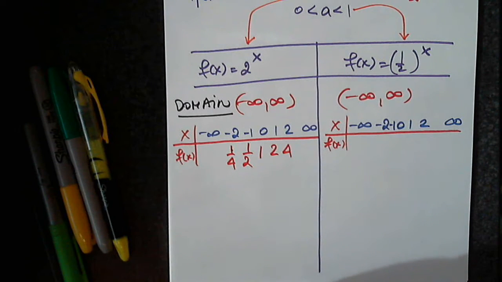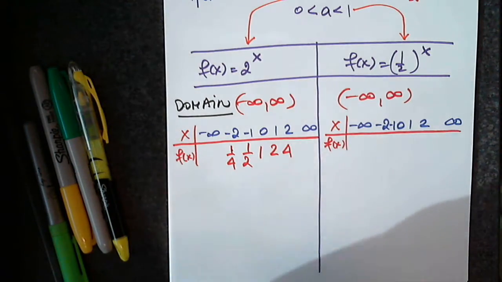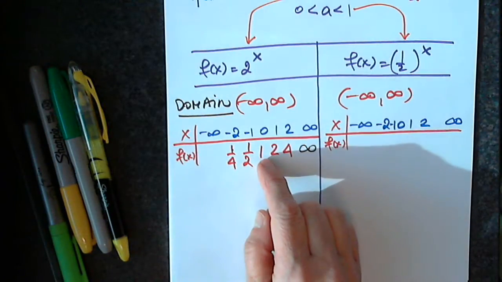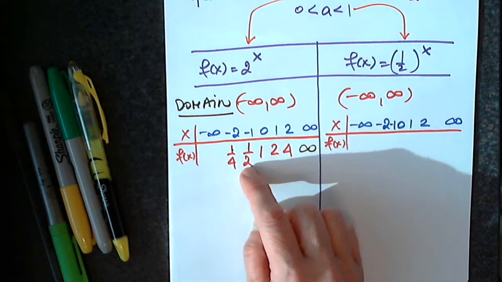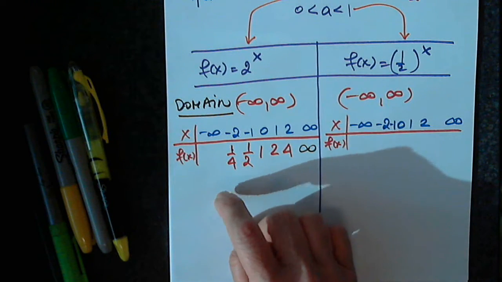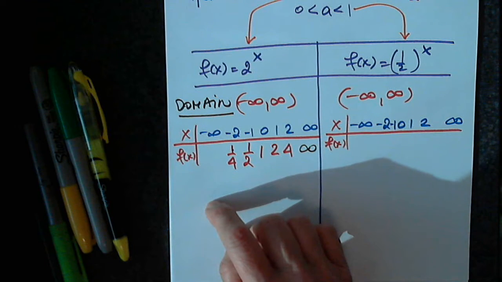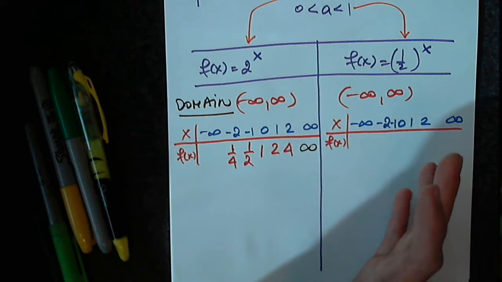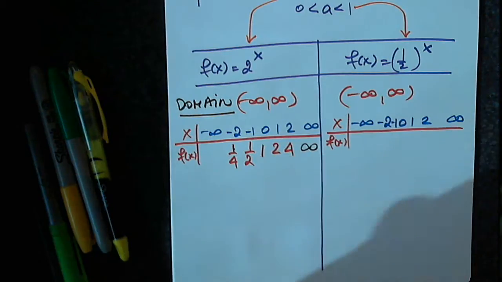Infinity. I'm going the other way now. Careful, please. 1, 1/2, 1/4, 1/8, 1/16, 1/32, 1/64, 1/128, 1/1,000,000. It cannot be negative. So where am I going? 0. Yes.